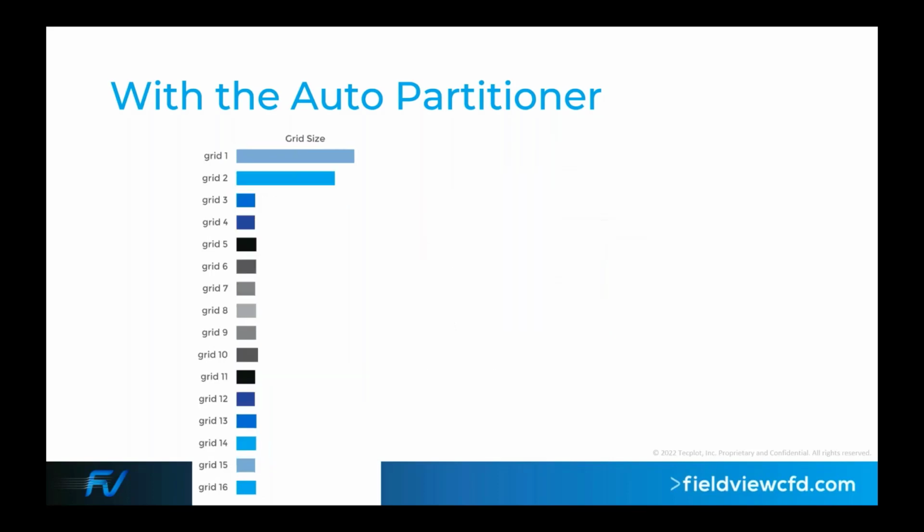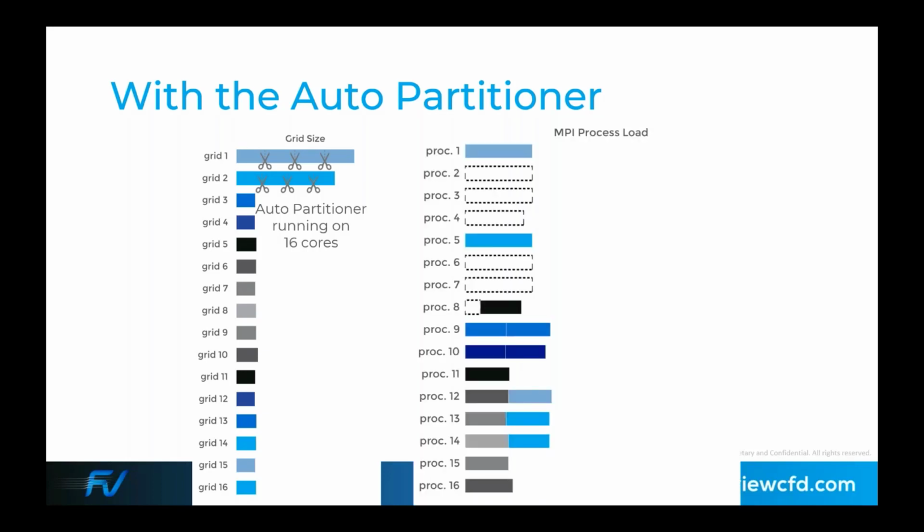If you look at the same grids and try to load them on 16 cores, the Auto Partitioner will automatically adjust and just create more partitions on the fly. And that will give us the additional performance that we are looking for when working on a higher number of cores. So really, it is that simple. This is the main idea behind the Auto Partitioner.